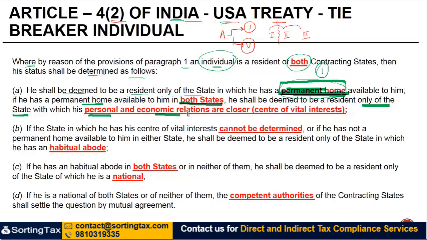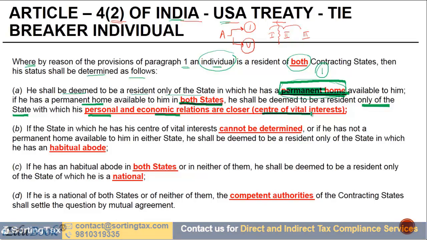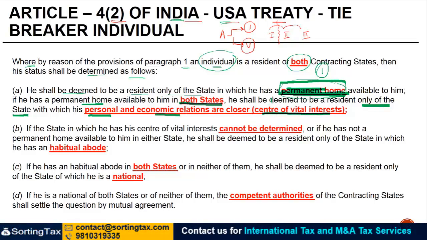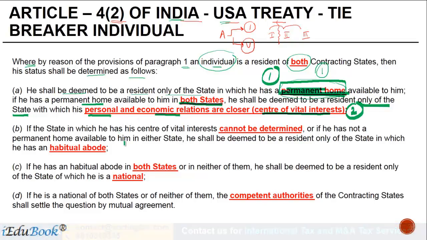This personal and economic relation being closer is also known as the center of vital interest. So if a person has a permanent home available to him, that's criteria number 1. But if it is available in both states, then center of vital interest is criteria number 2.